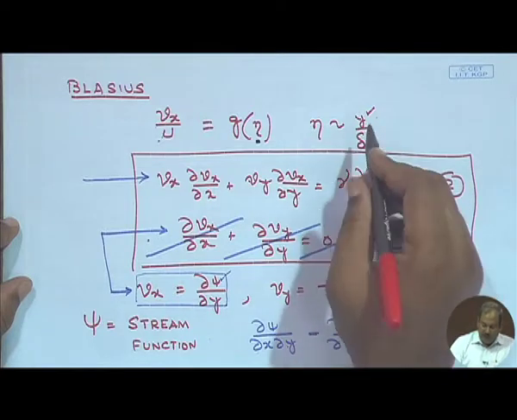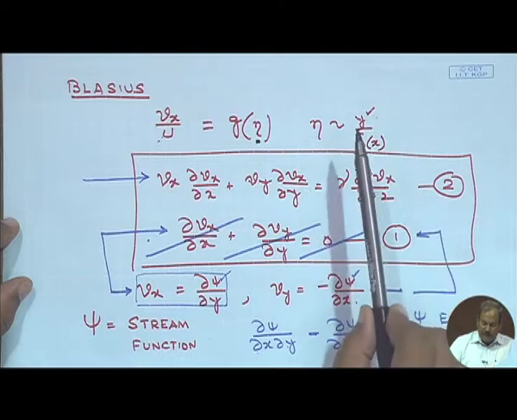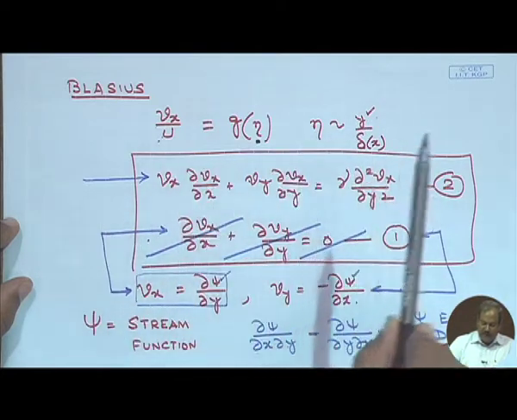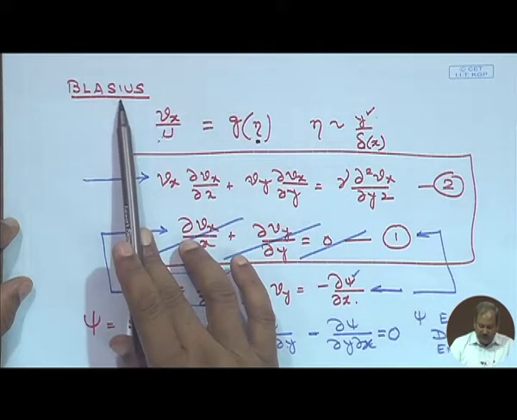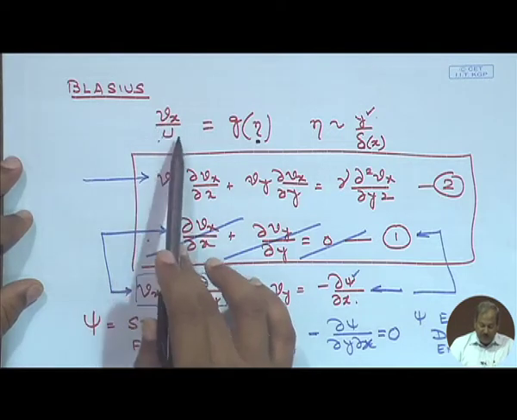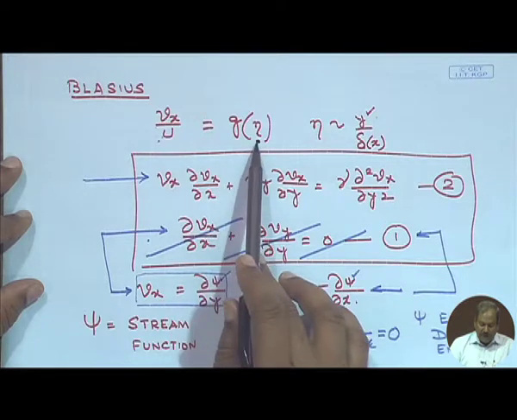However, we understand here that this delta is a function of x, as we progress in the x direction, the delta keeps on increasing. So therefore, Blasius's reasoning, which is supported by experimental data, is that the dimensionless velocity profile would be similar when plotted against a dimensionless distance from the solid wall.